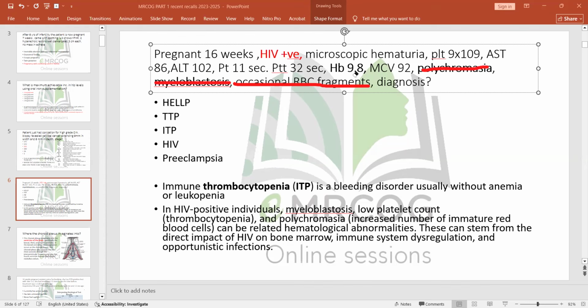And low platelets. Okay, I have also low platelets. But what are those doing here? We don't have myeloblastosis or polychromatosis in HELLP. Why are the other bloodlines in the bone marrow depressed?